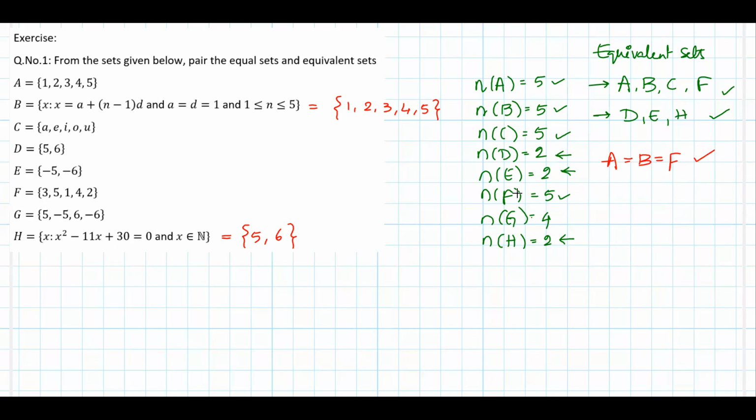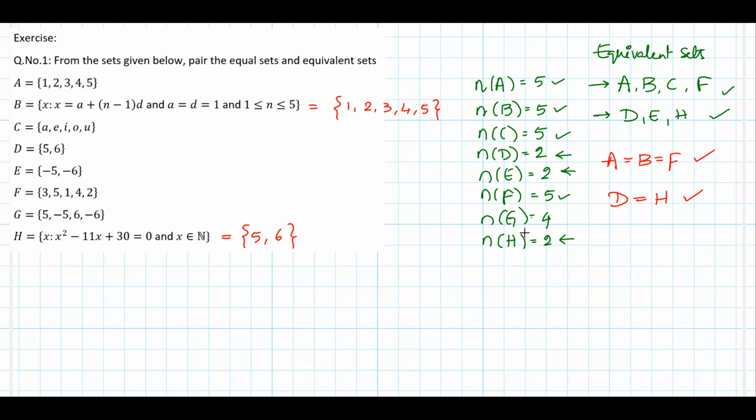E, the elements are -5 and -6, so completely different. So they are not equal. Taking H, the elements are 5 and 6, which is exactly the same as D. So D is equal to H. And they are not equal to E. So these two are equal sets.